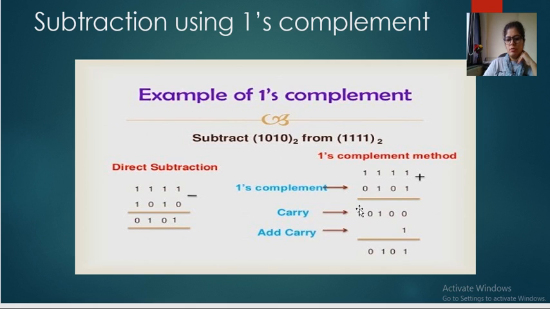Now remove the carry from this position and add it to the least significant bit. You always have to start from the least significant bit. So 0 plus 1 is 1, 0, 1, 0. We have discarded that one. So the final answer is 0, 1, 0, 1.